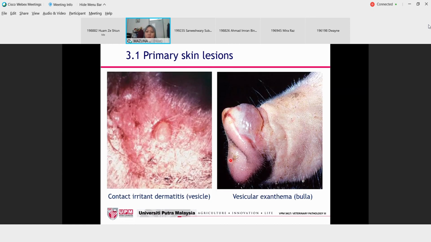This is a bulla because it's definitely bigger than 1 cm in diameter, and this is an example of contact irritant dermatitis forming vesicles on the skin. If you have a good look, okay.